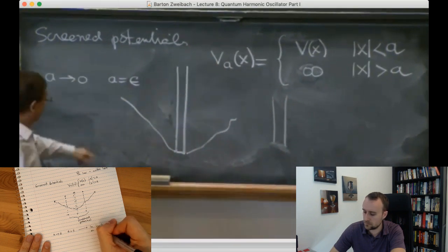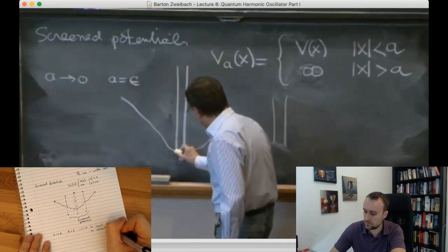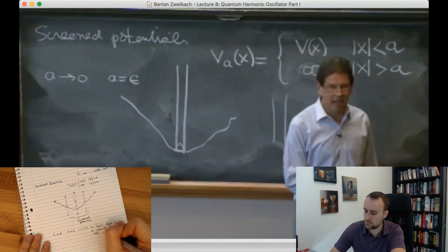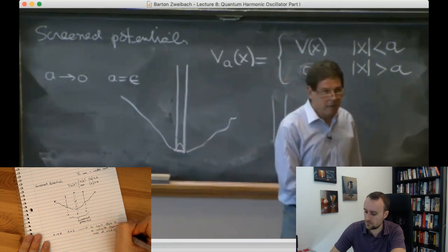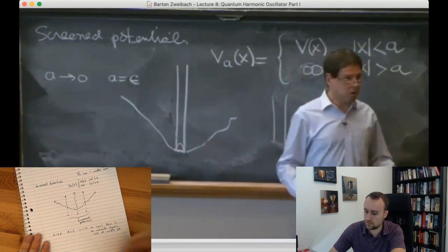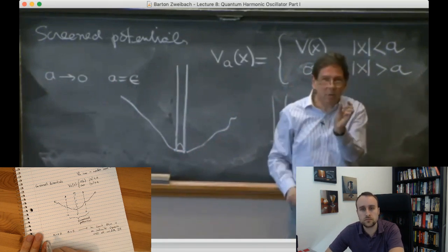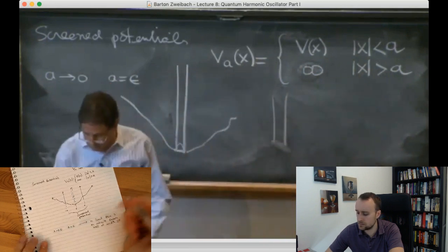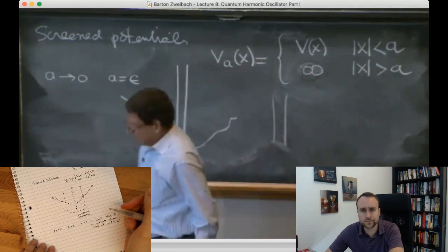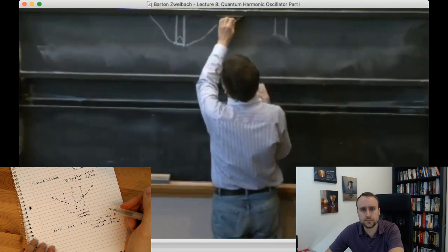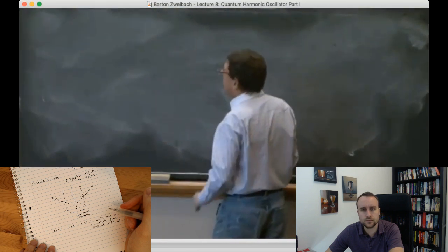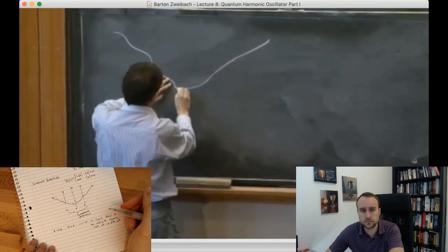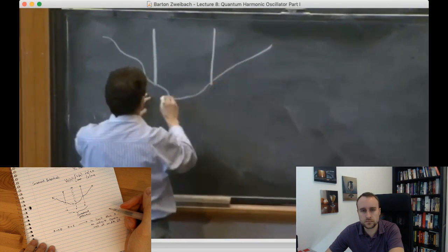Now look what we do. Here there is a ground state, very tiny, looks like that, vanishes here, vanishes there, and has no nodes; the two zeros are very close to each other. Now I'm going to try to increase the value of the screen, a. Suppose we've increased the screen, and now we have a finite screen.